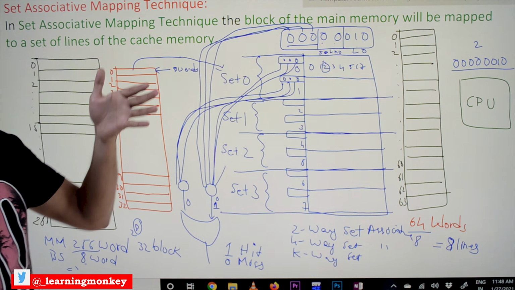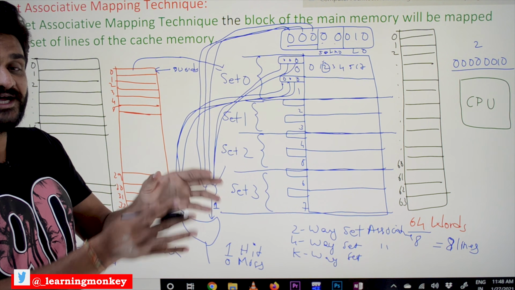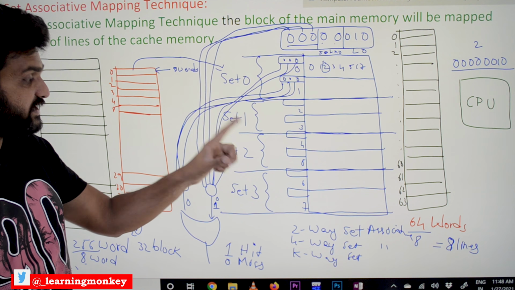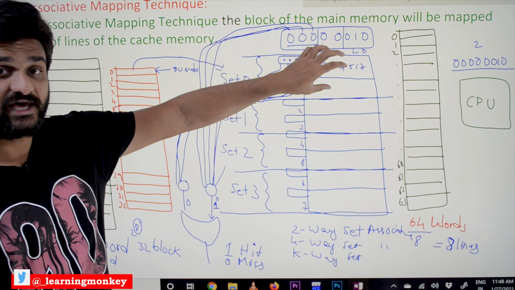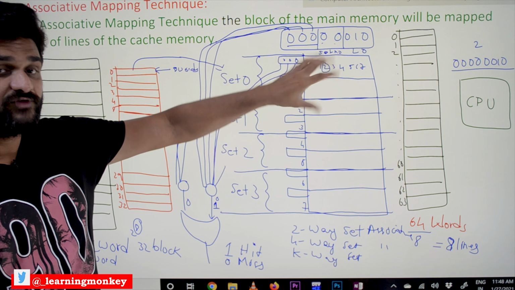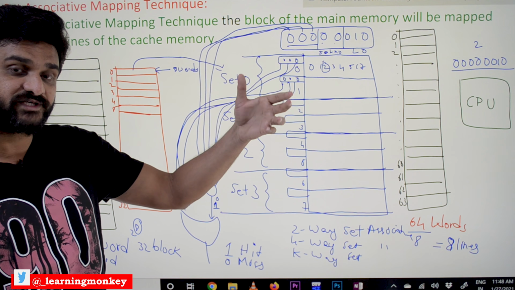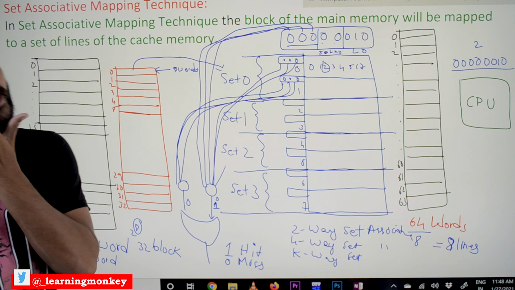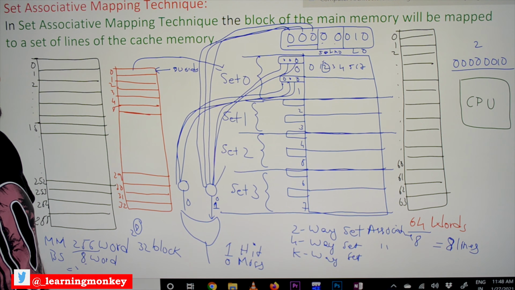Based upon the number of lines grouped within the set, we name it accordingly. If we have 2 lines in the set, it is called two-way set associative.